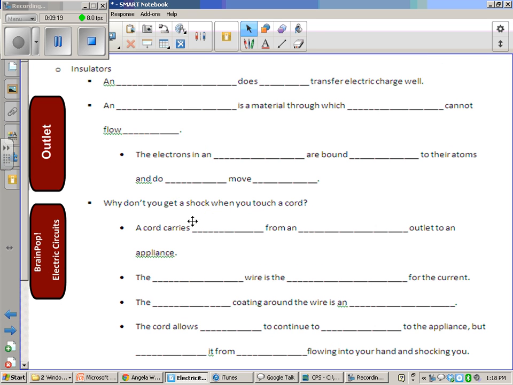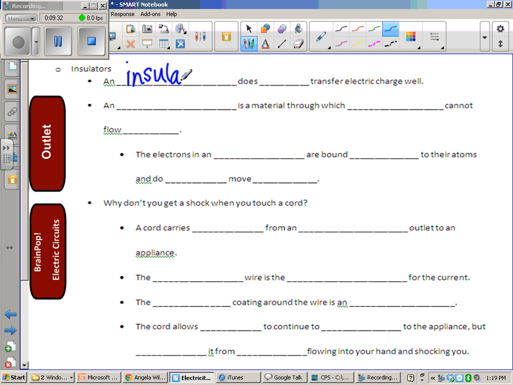Okay, so we know that conductors allow electrons to flow through easily, but insulators are just the opposite. Okay, so an insulator does not transfer electric charge well. An insulator is a material through which charges cannot flow easily.